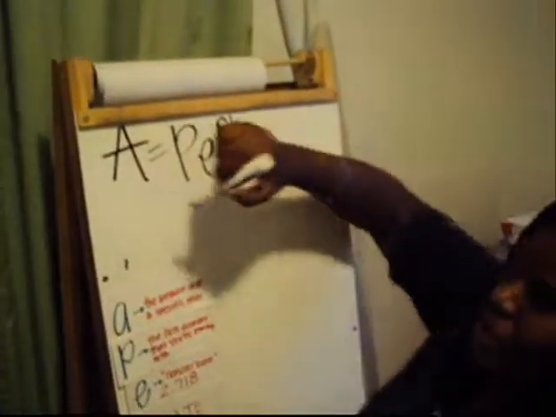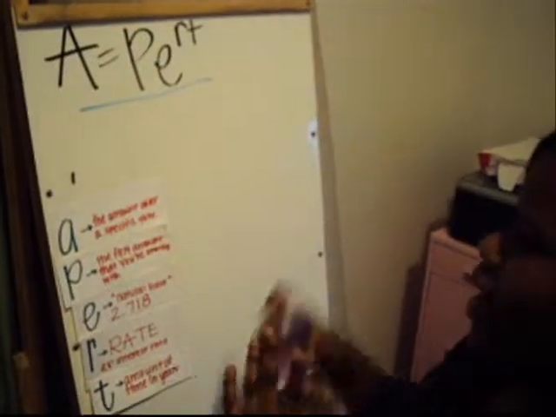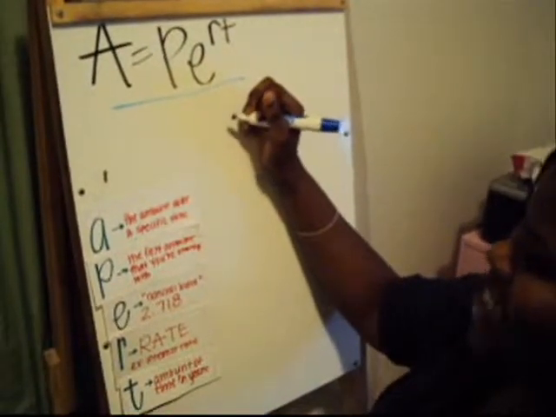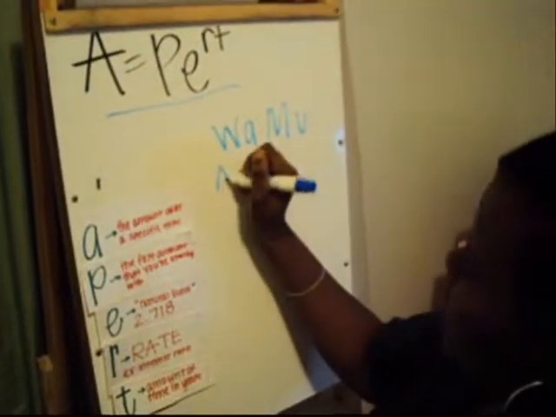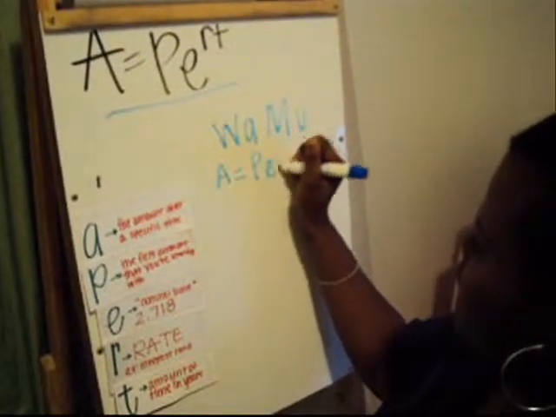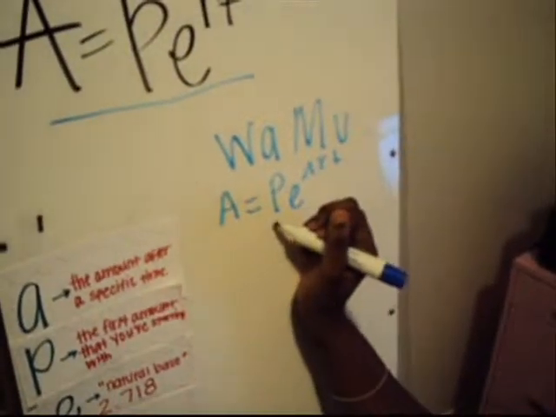Now the first thing to do when solving this problem is always remember your equation, A equals PE to the power of RT. You first start off with WAMU. Now plug in all the things that you do know.